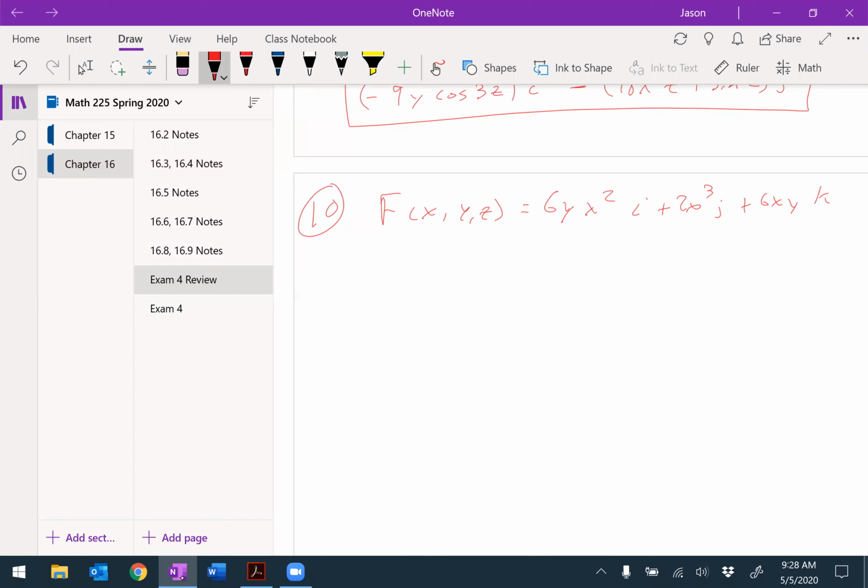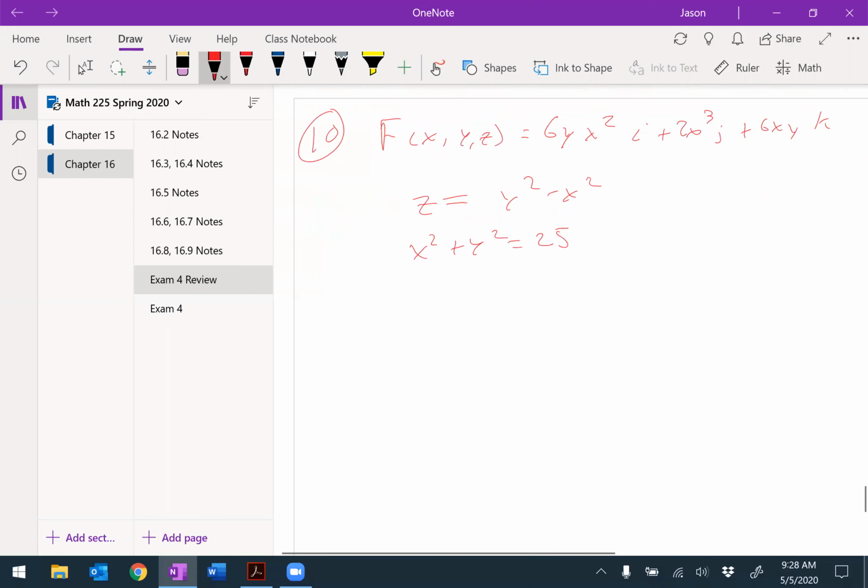What are the surfaces? We have the hyperbolic paraboloid z equals y squared minus x squared, and the cylinder x squared plus y squared equals 25.